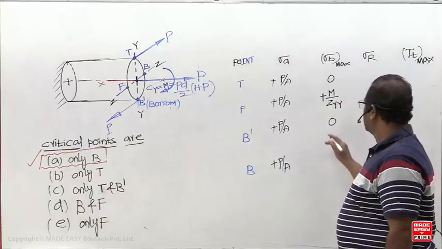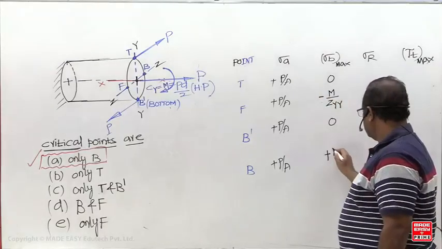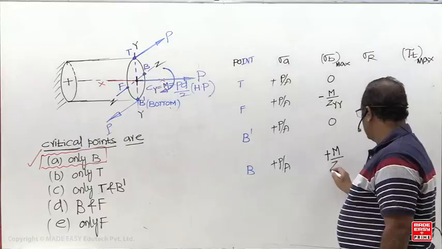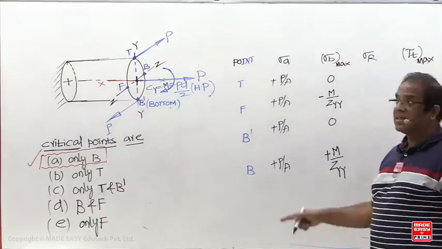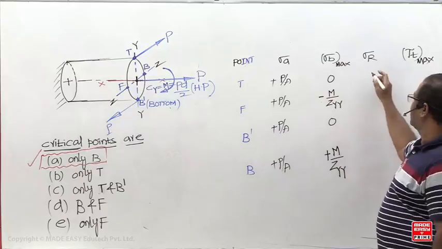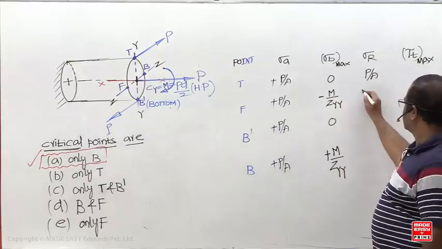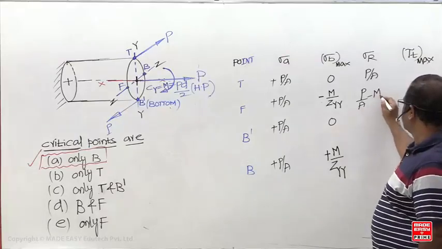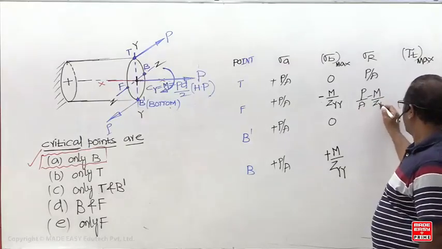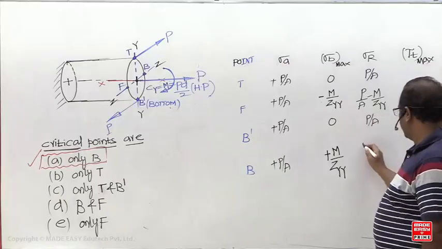Back side is compressive. So what about the resultant normal stress? Both can be added. What is the resultant stress now? P by A, and this is P by A minus M by ZYY. Here P by A.